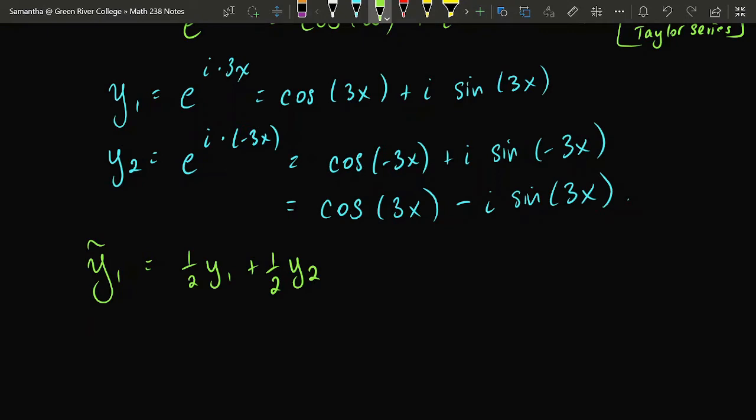We know that if we take a linear combination of two solutions, we're going to get another perfectly valid solution. When you add these two functions together, the plus i and the minus i will cancel out. The two cosines will combine, and the half will turn it into just cosine 3x, which is a real solution.